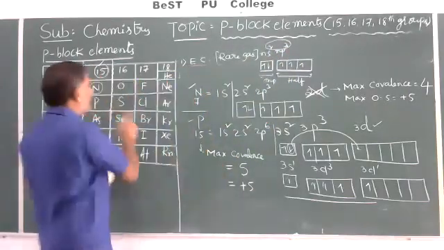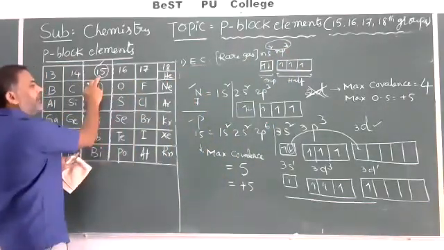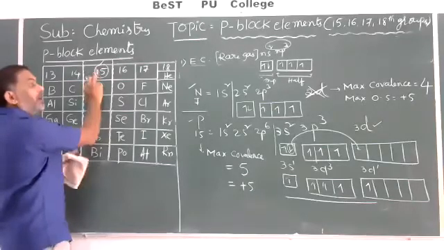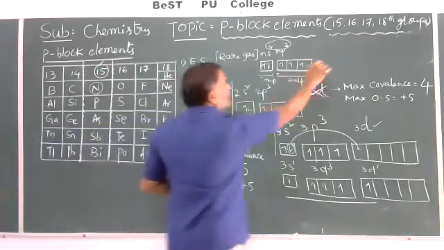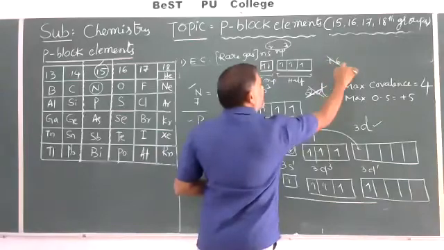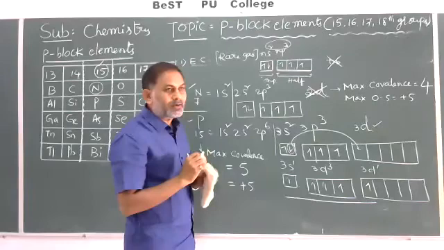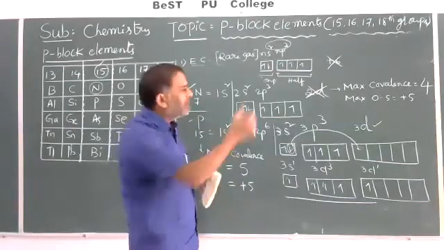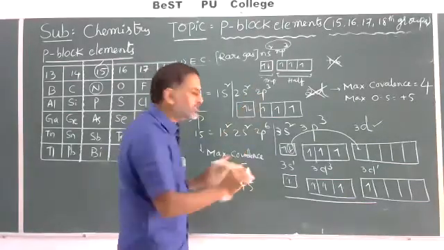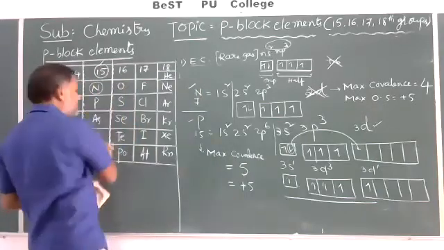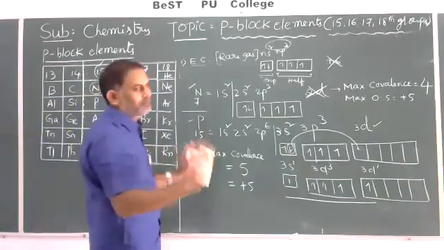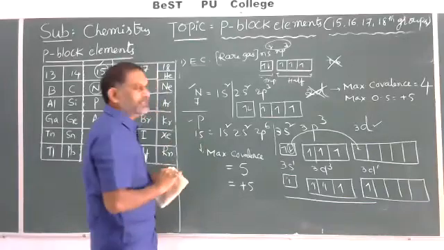For example, for the nitrogen family, if an examination question shows a maximum oxidation state of +6, that is wrong, because in its outermost orbit there are only 5 valence electrons. That's why the maximum oxidation state for all these elements is +5. That is a very, very important concept.